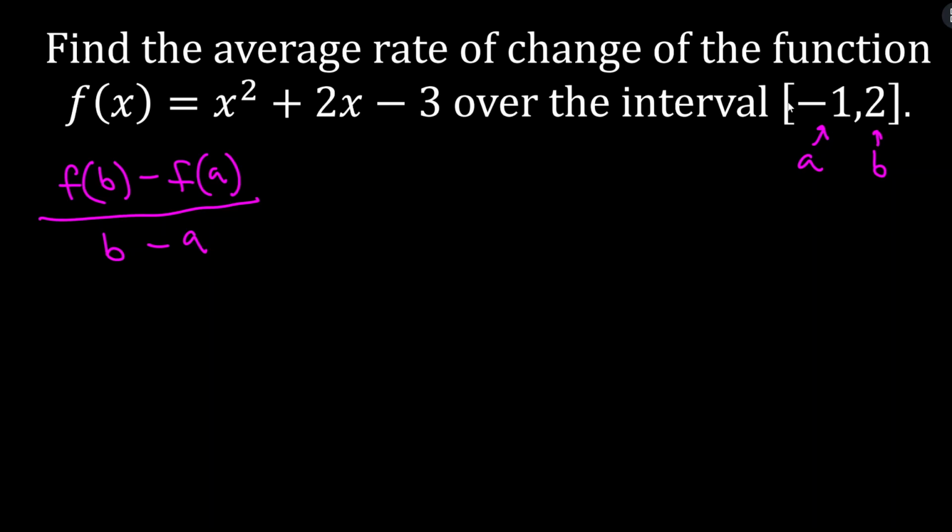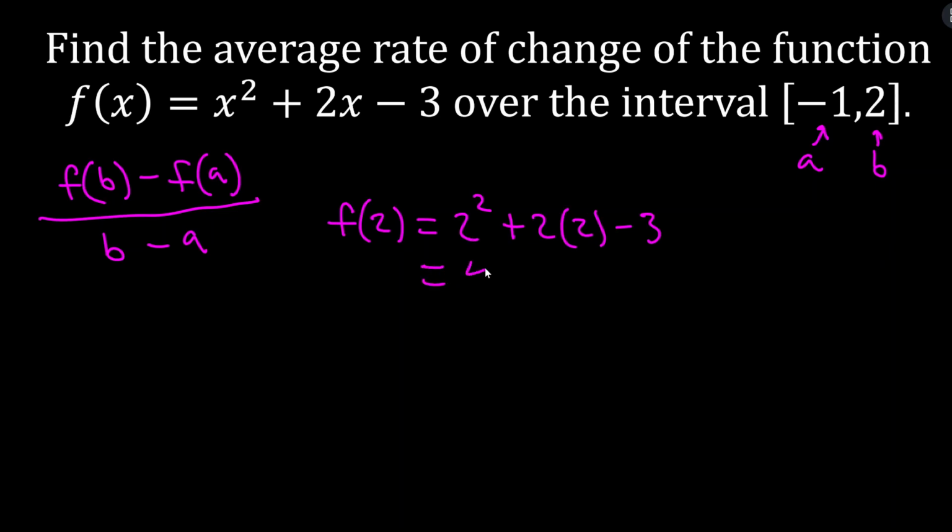That's just 2 minus negative 1. So first we need to find f of B, which is f of 2 in this case. And then we need to subtract f of A, which is f of negative 1. So what do I get when I plug 2 into this function? Let's find that out. F of 2 is 2 squared plus 2 times 2 minus 3.